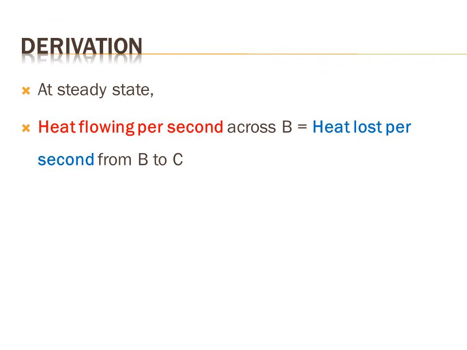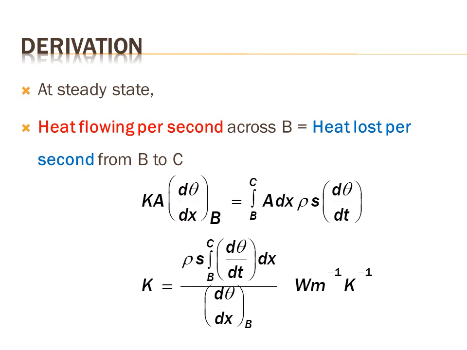At steady state, the heat flowing per second across B is equal to the heat lost per second from B to C. In other words, the amount of heat conducted per second at B must be equal to the amount of heat lost per second by radiation between B to C. We equate the earlier two expressions which we obtained.